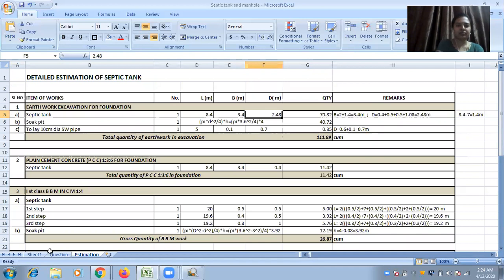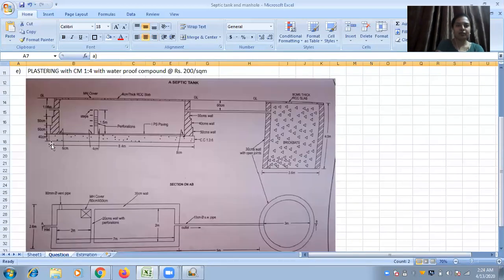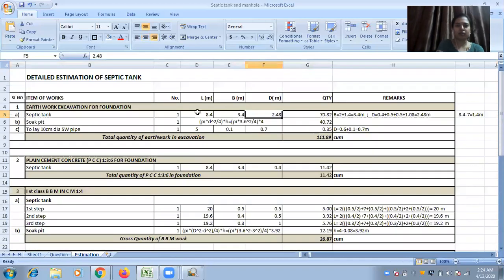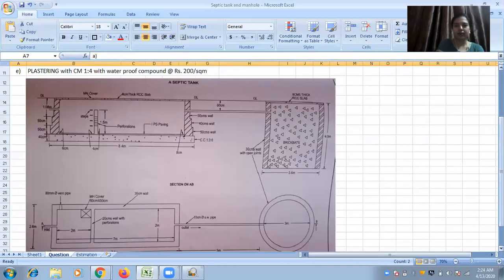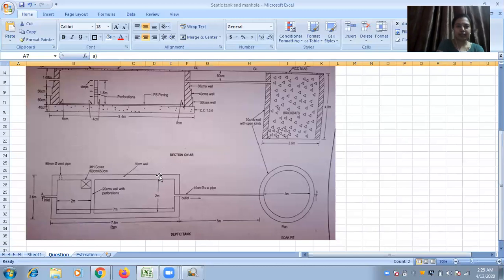Now we have to give the length. See here you can see length for septic tank is 8.4 meters. See, L is 8.4. We need to see B value. That is breadth is in this direction. From in to in, the dimension is 2 meter. Here you can observe, here it is 8.4 and inner dimension in this direction is 7.